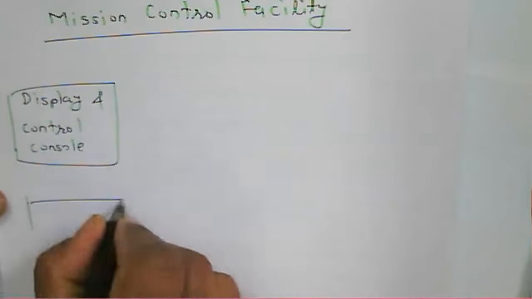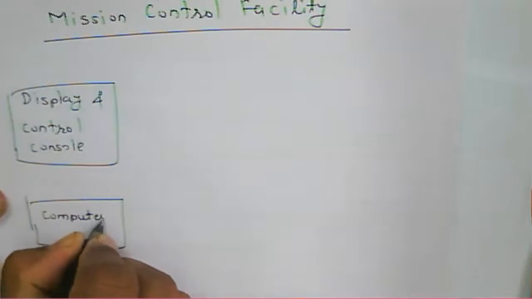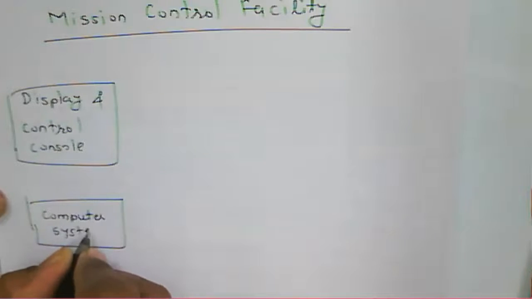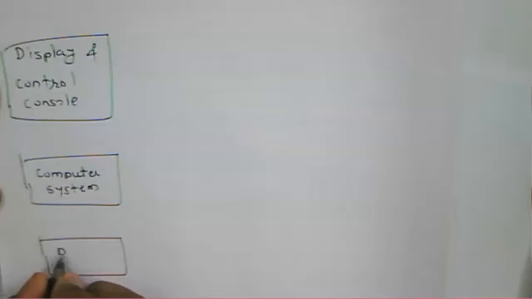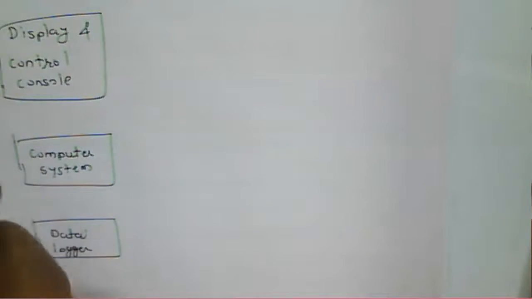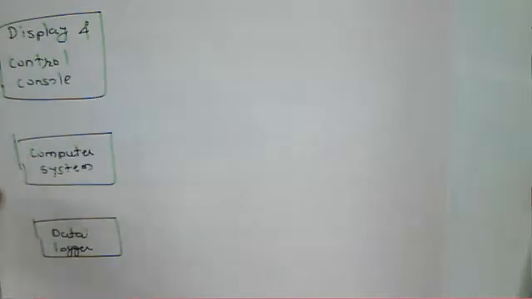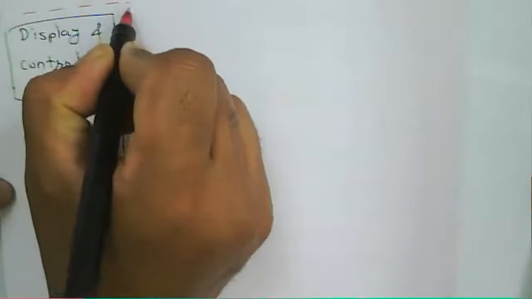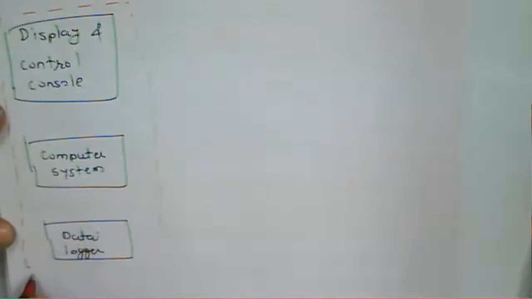Then we have the computer system. Then we have the data logger. So these are the components, all these components from the satellite itself. That is about a satellite control center.